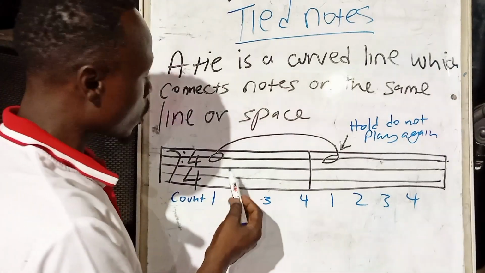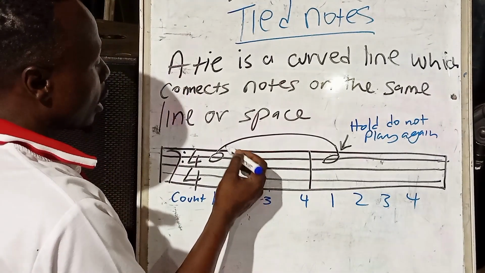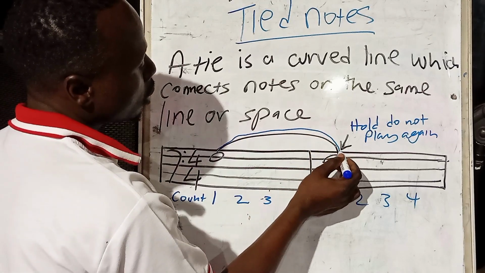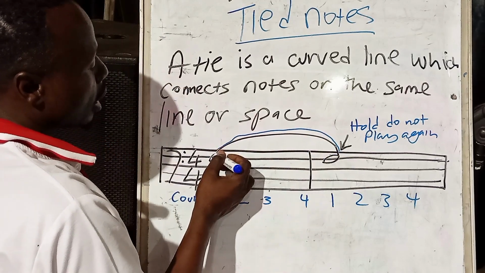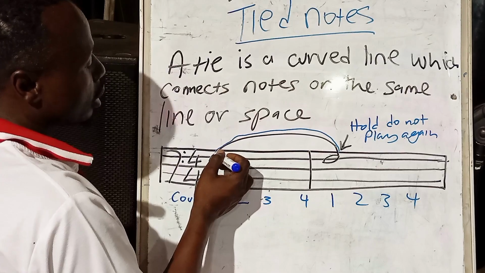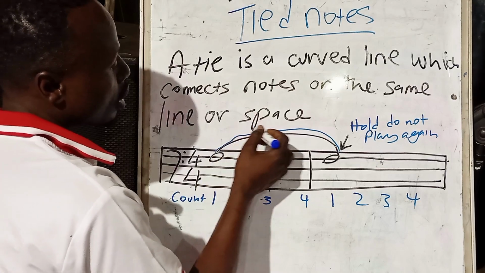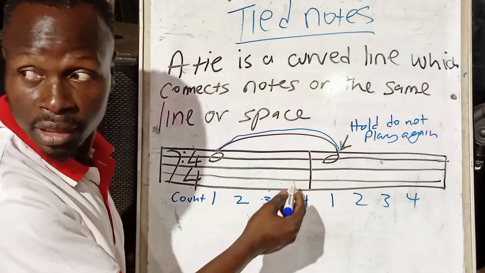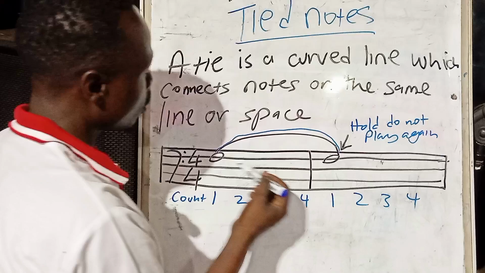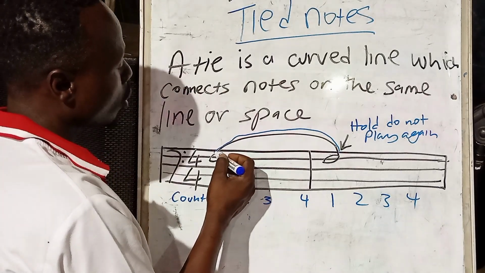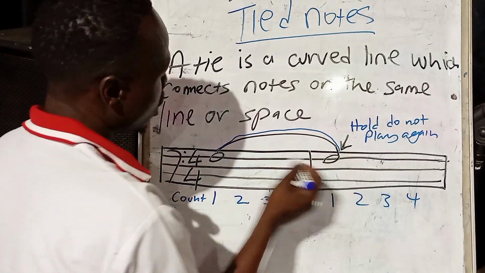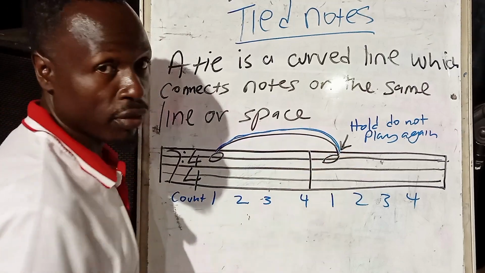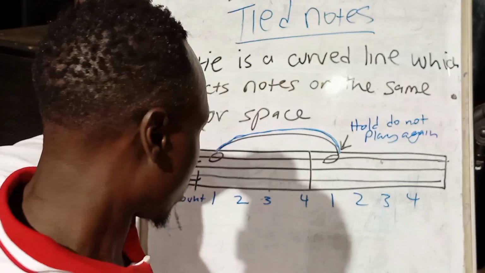I've used a whole note to demonstrate, and this line you're seeing here is attaching this note to this other note in the next bar. This is our first bar and this is our second bar. This thing that looks like a rope holding this note is what we refer to as a tie.